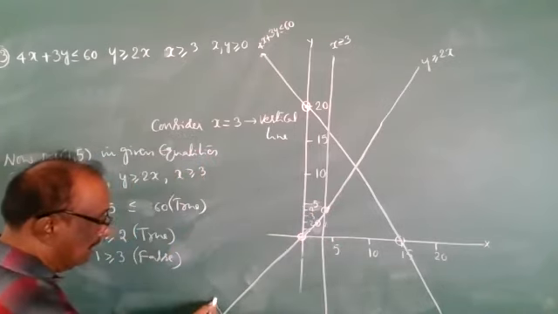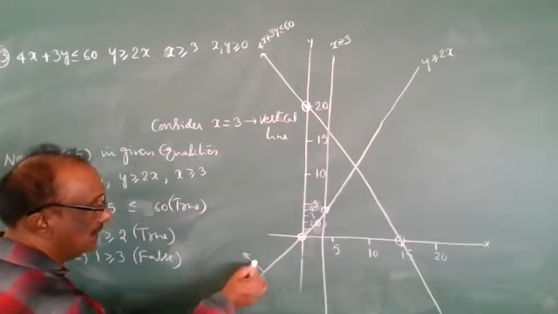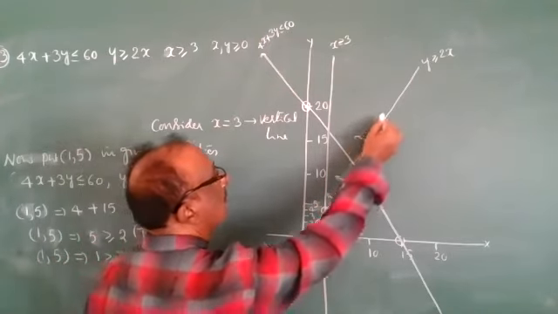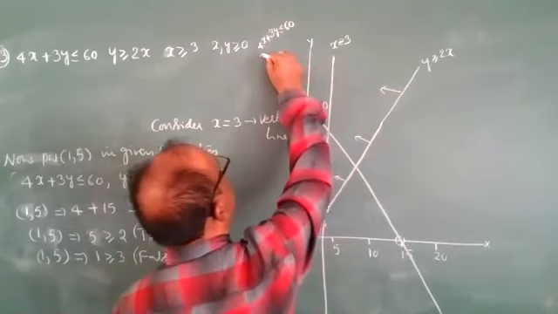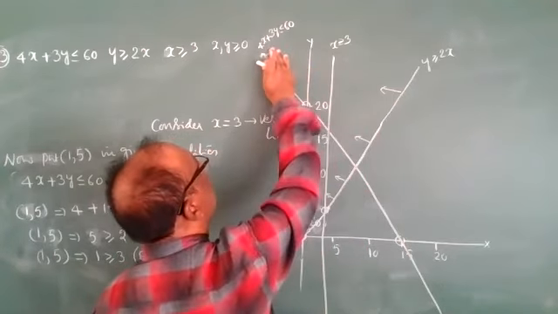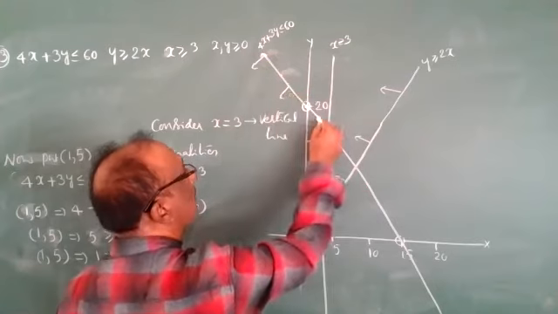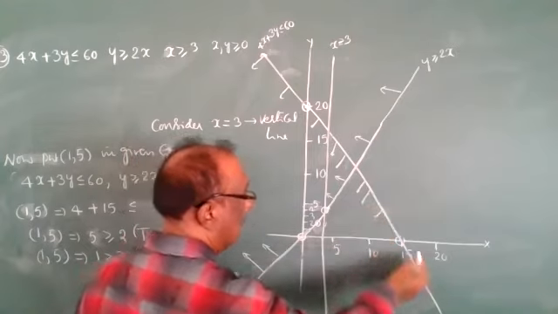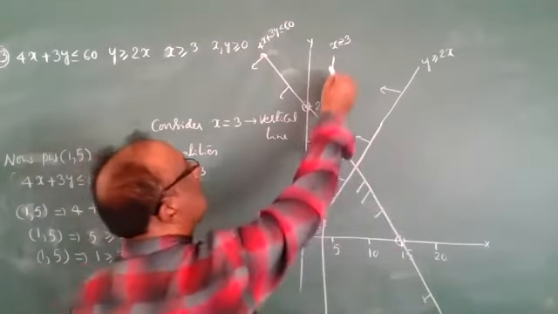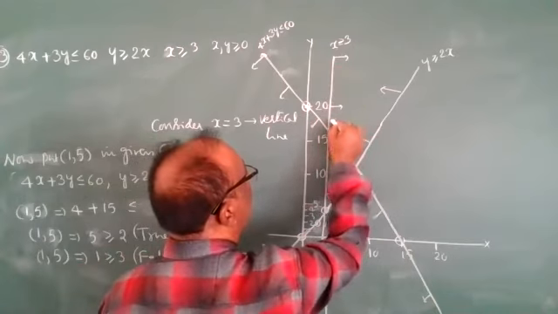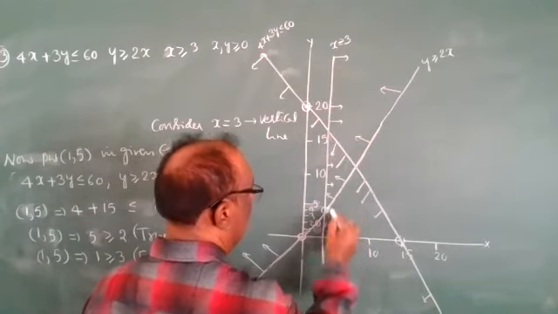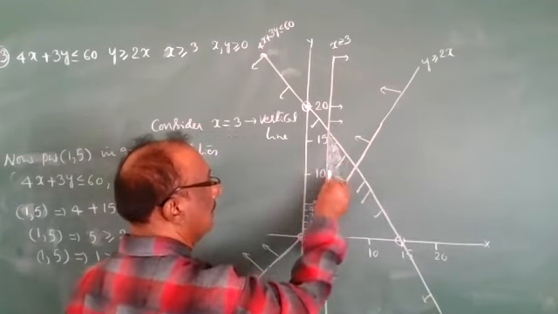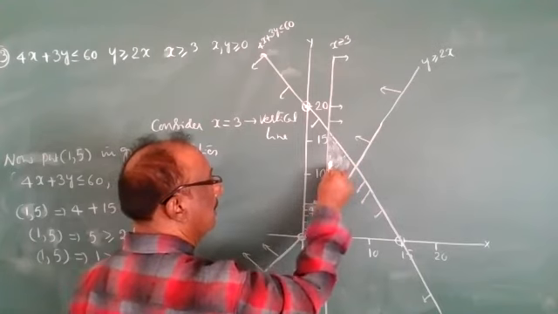This line is on the point side, and this line also is on the point side. This line is opposite to the point side. All 3 coincide here only.